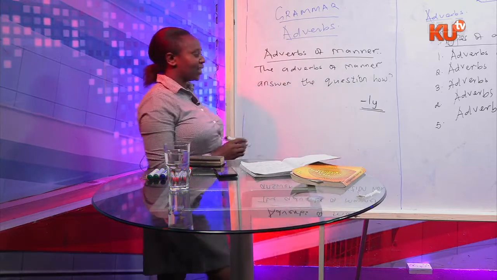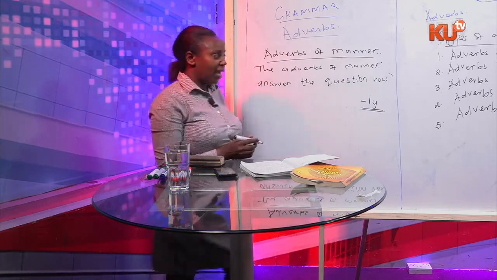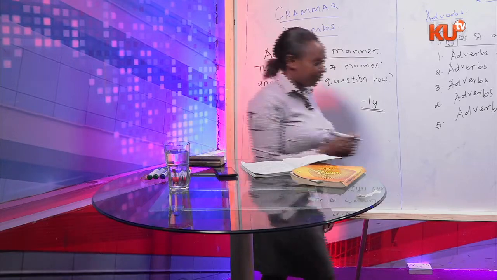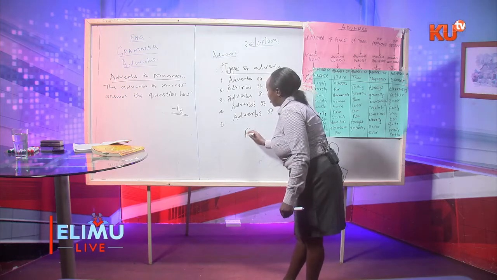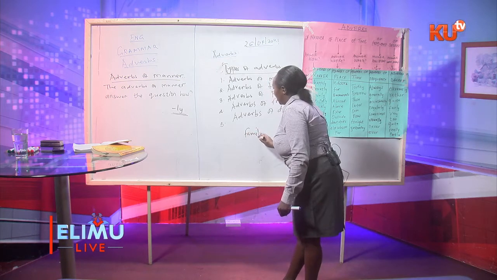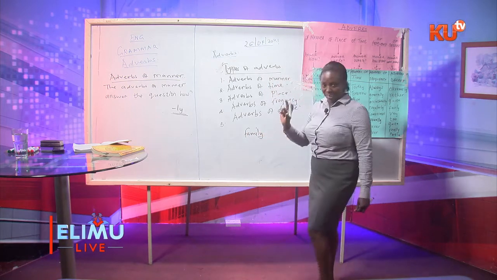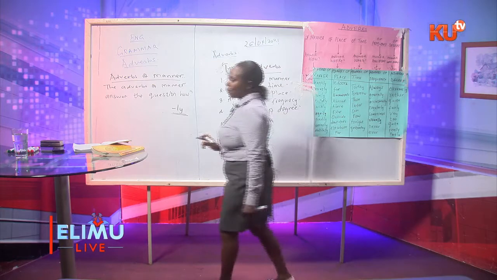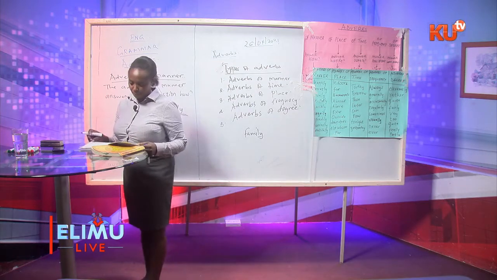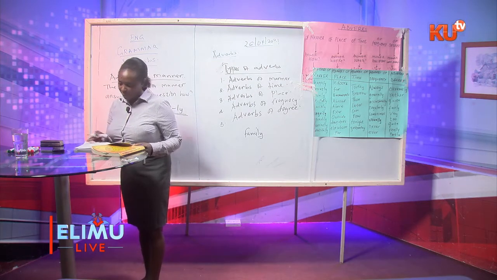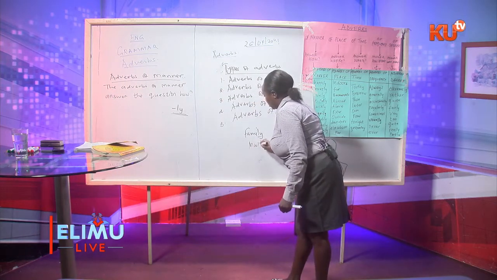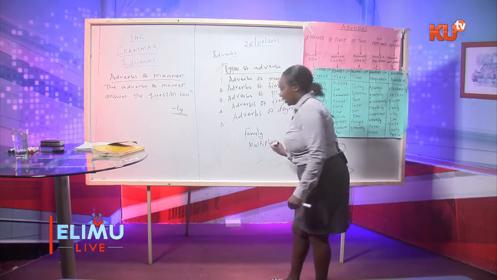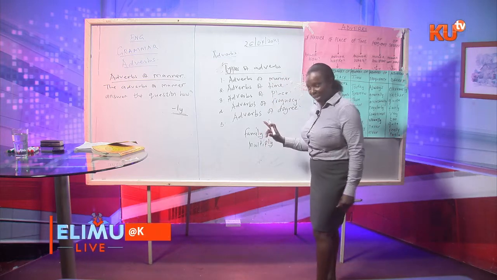For example, a word like family, it ends in ly, but it's not an adverb. A word like multiply ends in ly, but it's not an adverb.